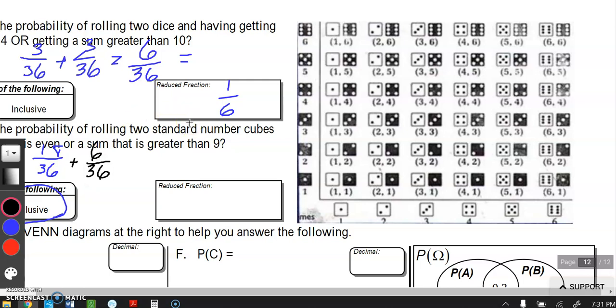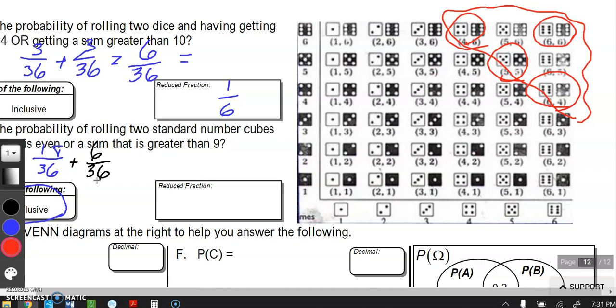Well, out of all of those, which ones do we want to subtract? We want to subtract the ones that are both even and add up to 10 or more. So the ones that are even and greater than 9, those are going to be anything in here. And of those, those adding up to 10, and those adding up to 12, there's 4 of them.